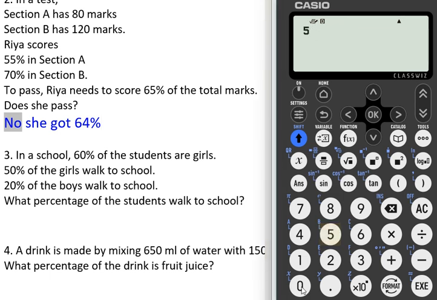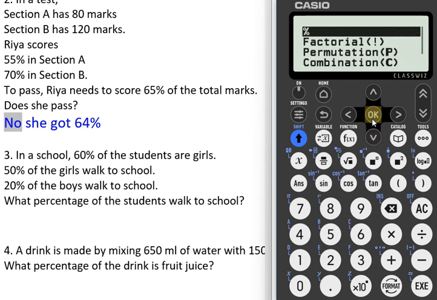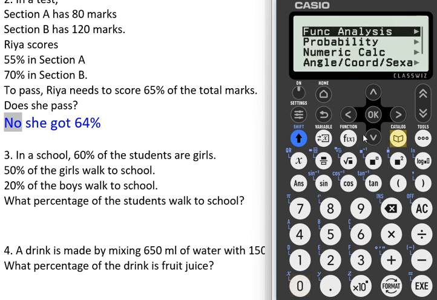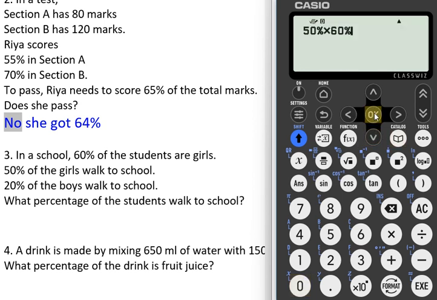So let's do 50% catalogue probability percentage times 60%, and we'll see what this comes up with. And okay, that says it's 3/10. Okay, so 3/10 of the girls walk to school.